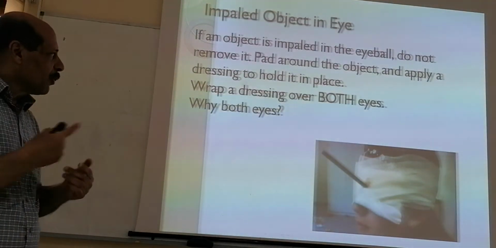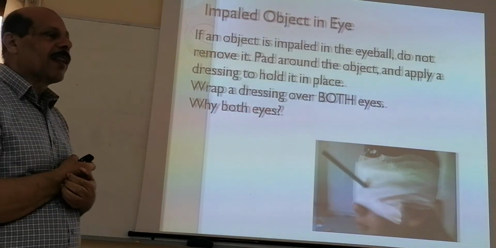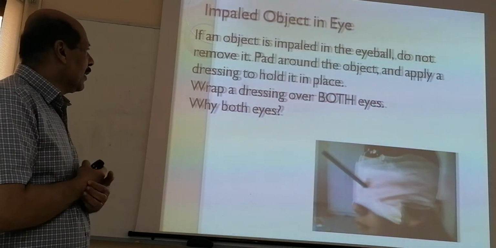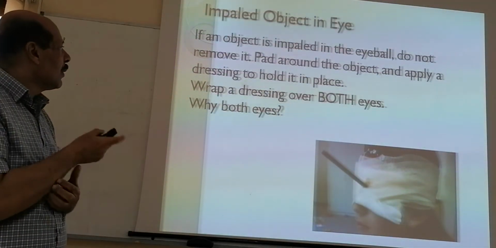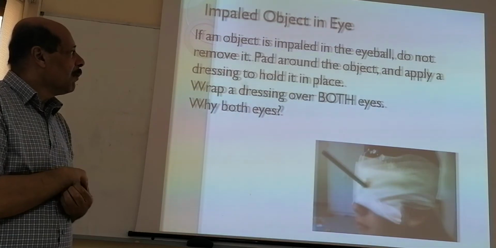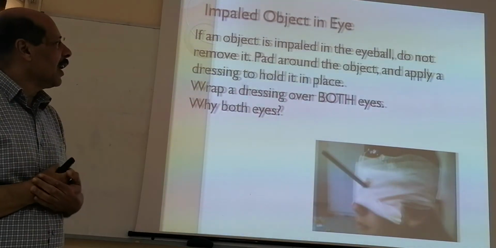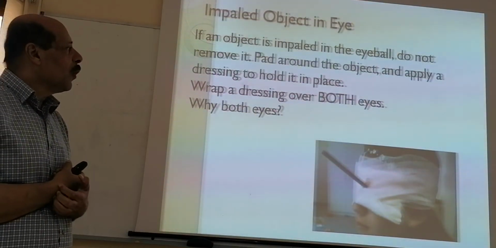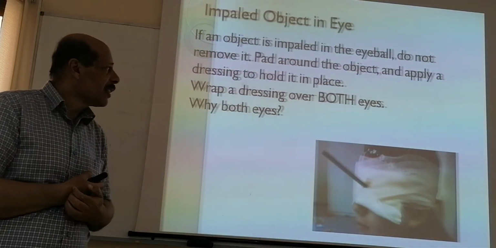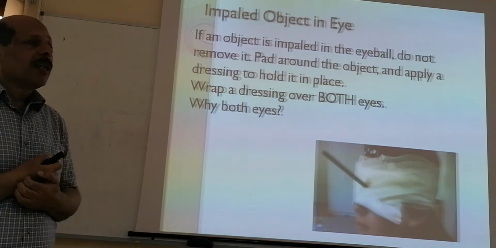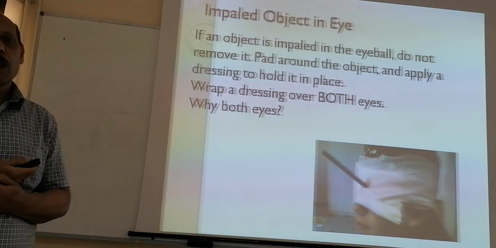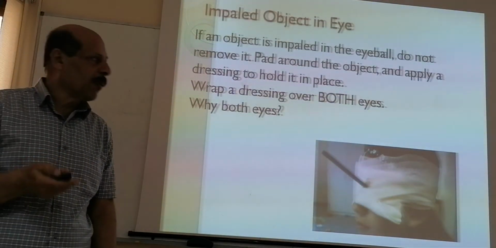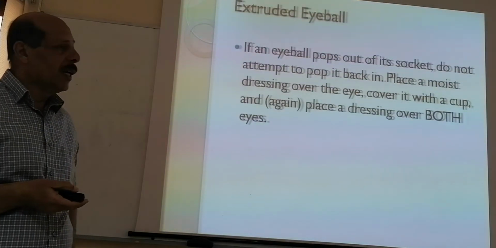So we have to do everything over both eyes. So if an object is embedded in the eyeball, do not remove it. Pad around the object and apply dressing to hold it in place. Put dressing over both eyes, and the purpose of that, as we said, is to prevent the two eyes from moving.